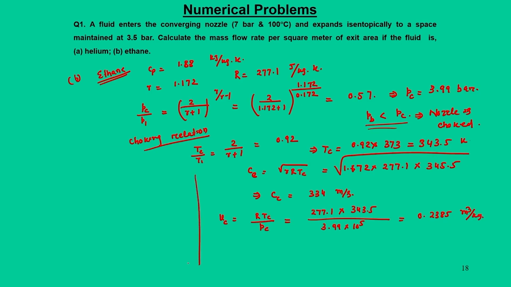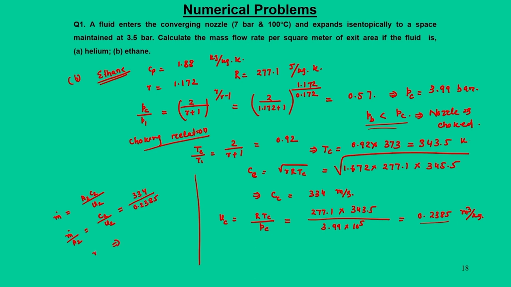So, we have Vc, then we can find out m dot is equal to A2 C2 by V2. So, m dot by A2 would be C2 by V2. C2 here is Cc, that is 334, V2 would be 0.2385.